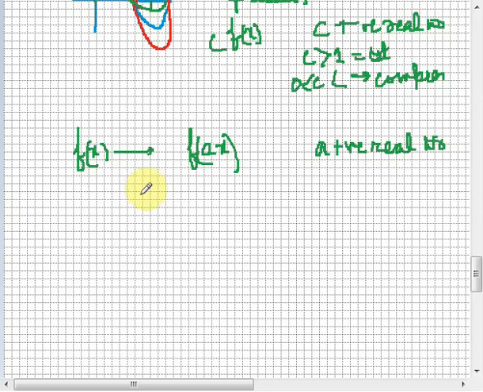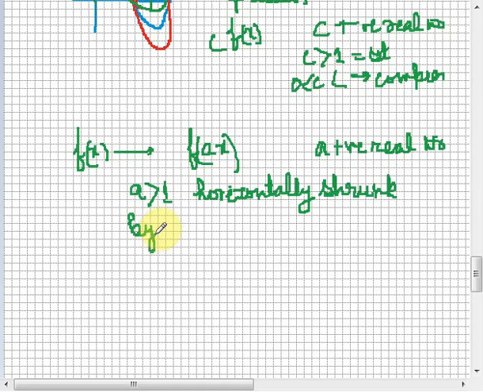Then for a greater than 1, the new graph is horizontally shrunk, compressed, by dividing each x by a.